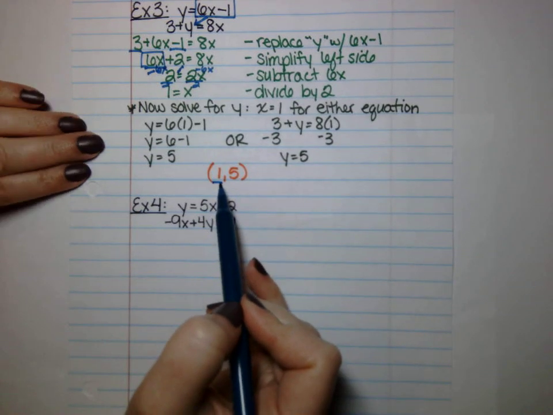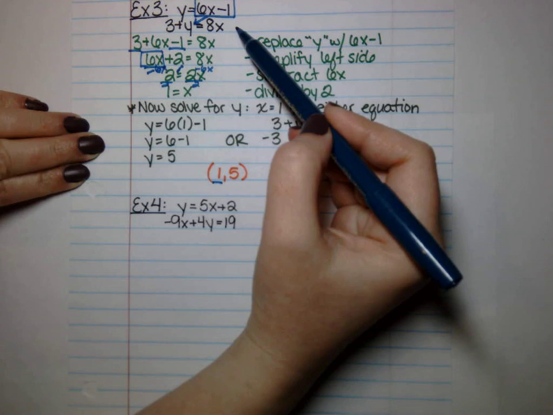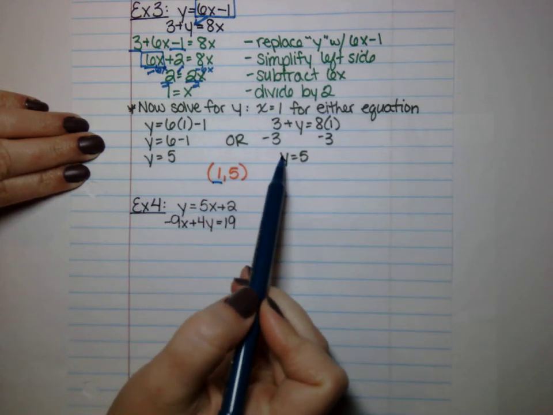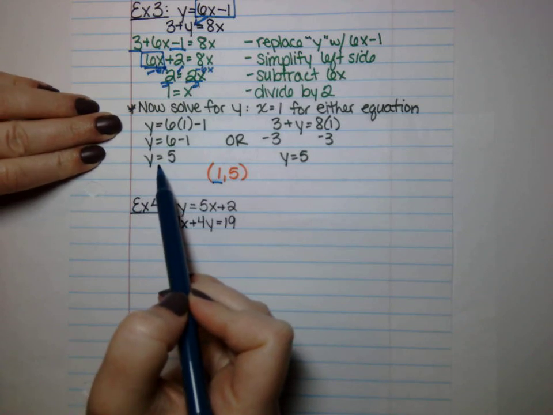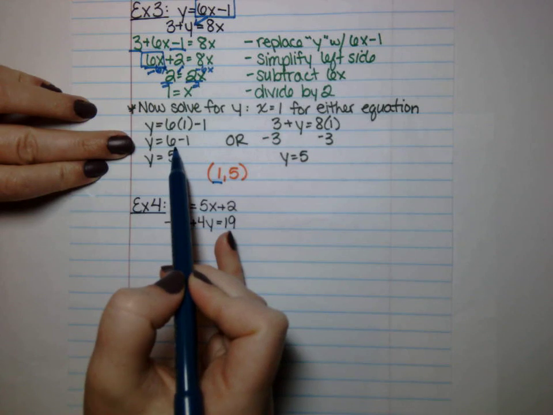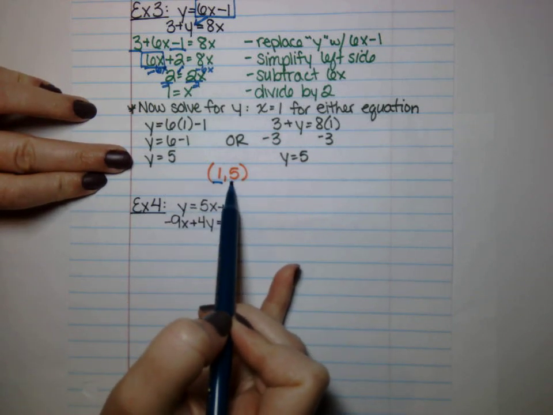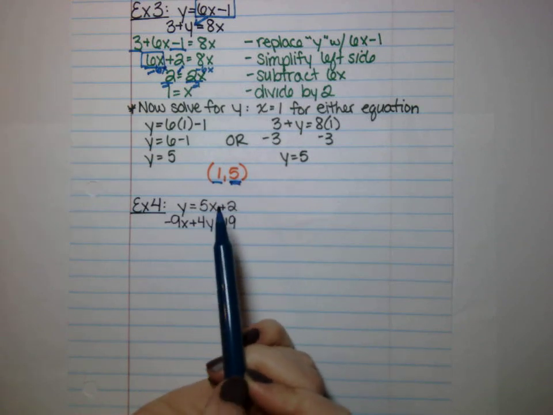Now that I have my x value, I can plug it in to either of these two equations to solve for my y. I have worked it out both ways. This way, if I plug in my 1 for x, 6 times 1 is 6, subtract 1 is going to give you a 5. So that's how I get my 5 for my y value.